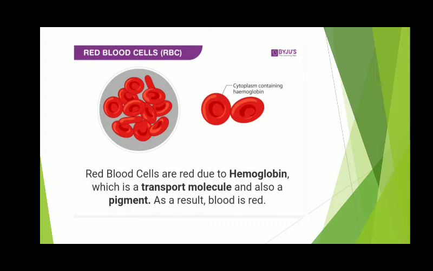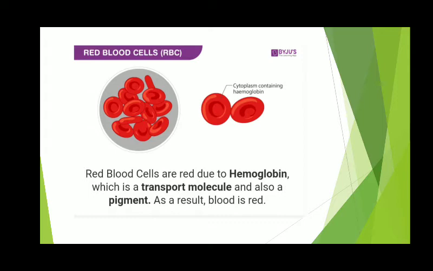This means red blood cells have a short lifespan, but they are made very quickly, and they are made in bone marrow. Red blood cells are red due to the presence of a pigment that is known as hemoglobin, which is a transport molecule and also a pigment. Due to this hemoglobin, they are red in color.